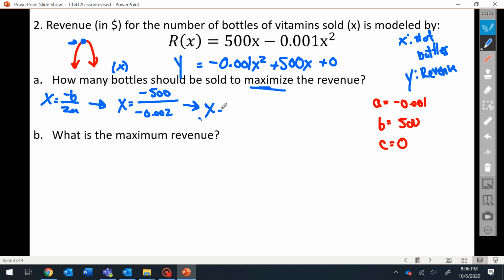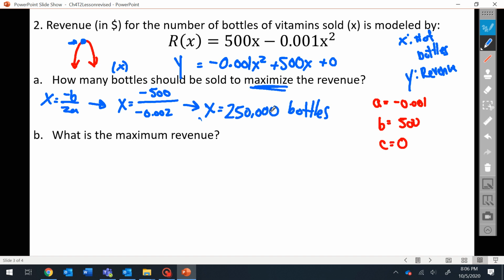All right, something tells me this is going to be a big number. 500 divided by 0.002, 250,000. And that's our x, so that's the number of bottles. So it's 250,000 bottles is how many we need to sell to maximize the revenue.